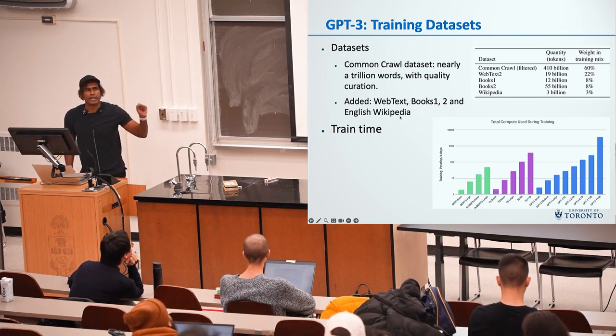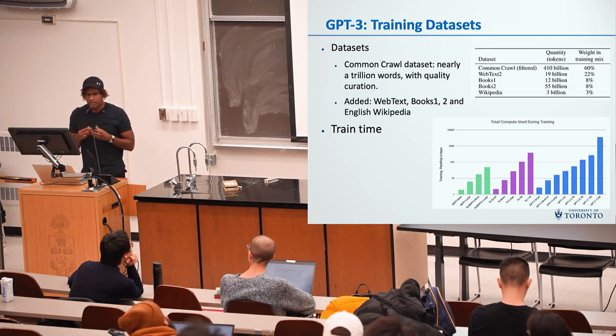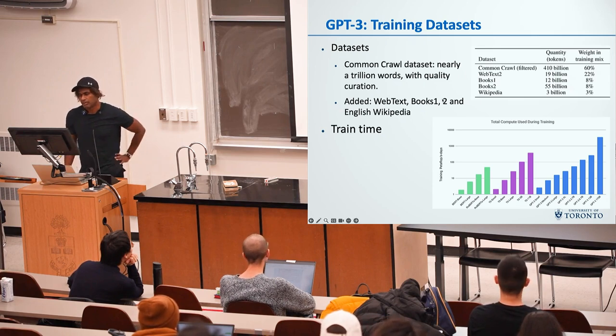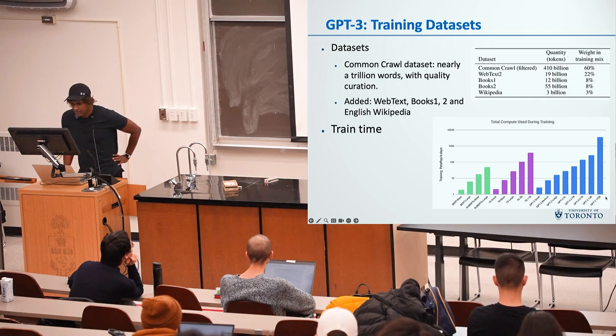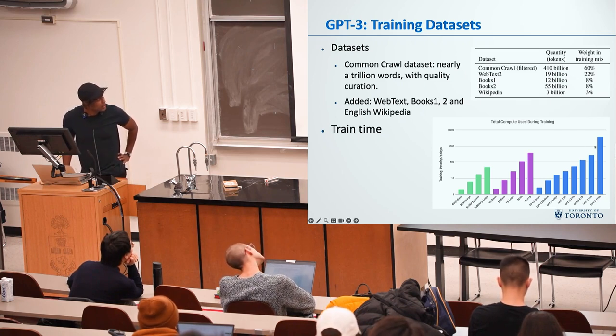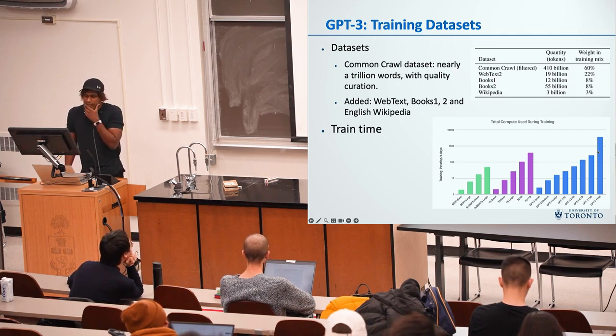I want you to understand, from a few lectures earlier, that these models actually learn whatever is in the data set. I think you'll learn more about it in the ethics lecture: the importance of what you feed it, and the inherent biases in it. And the training time in terms of clock time, for example, for the largest model, was almost 1,000 days. So each of these models takes a very long time to train.